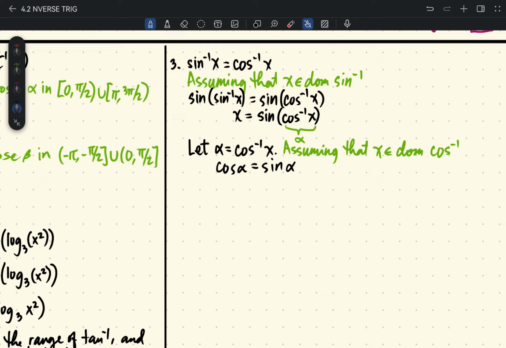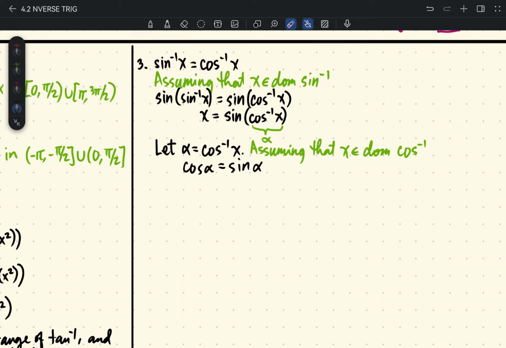And so we are solving cosine alpha equals sine alpha, but we have the assumption that x is in the domain of cosine inverse. How will we do this? First, we want to find alpha in the range of cosine inverse.